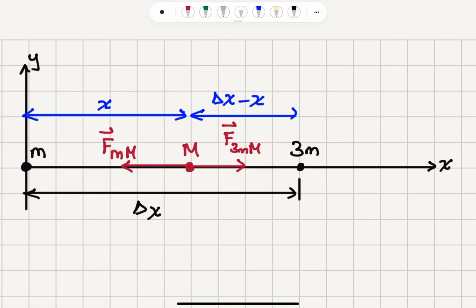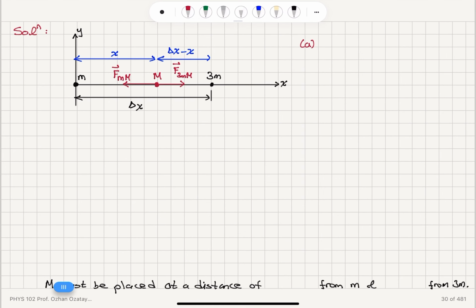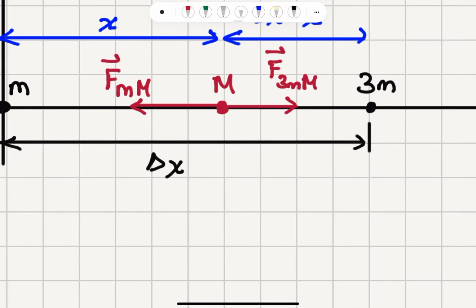So where is this location? The force applied by M on capital M, the gravitational force, an attractive force, is the universal gravitational constant G, M, capital M, divided by the distance between them, x squared, and this is pointing in minus i hat direction, as you can see here.